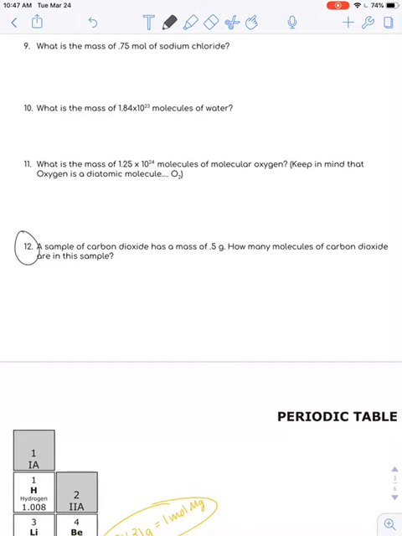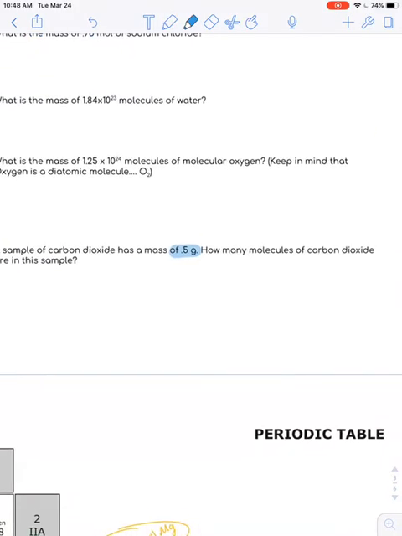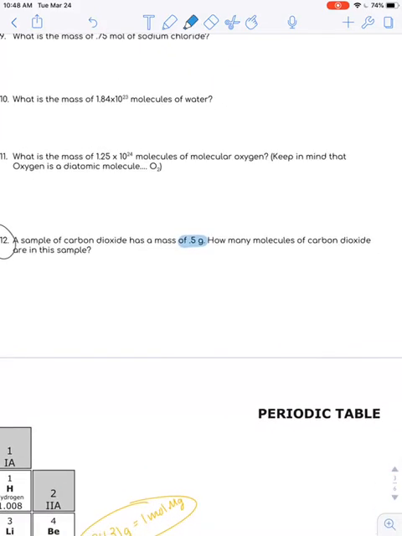So this says a sample of carbon dioxide has a mass of 0.5 grams. So we have a number there for our given, and we want to know how many molecules. So our goal is molecules of carbon dioxide in this sample.